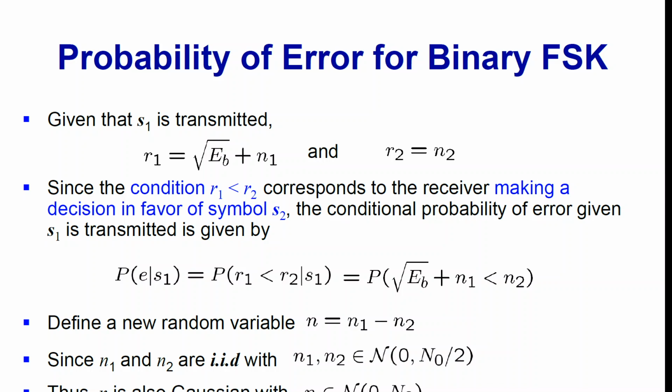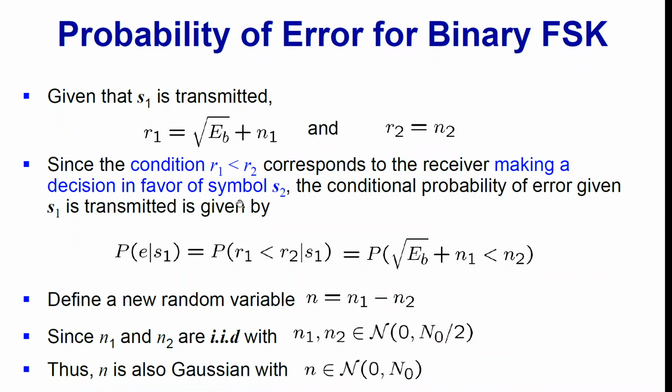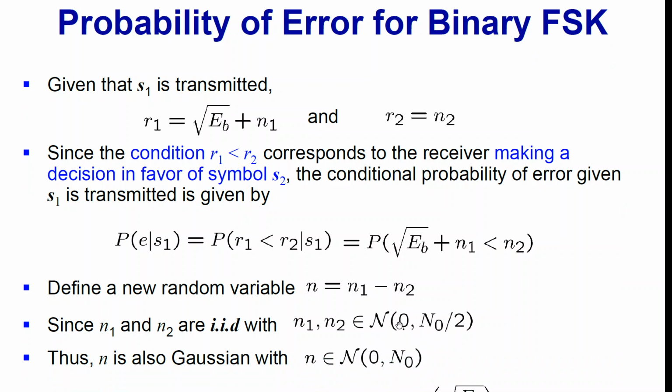That is probability of root EB plus N1 less than N2. So now define a new random variable N is equal to N1 minus N2. Since N1 and N2 are Gaussian and they are IID, that is independent and identically distributed, N1 and N2 are Gaussian with mean 0 and variance N0 by 2.